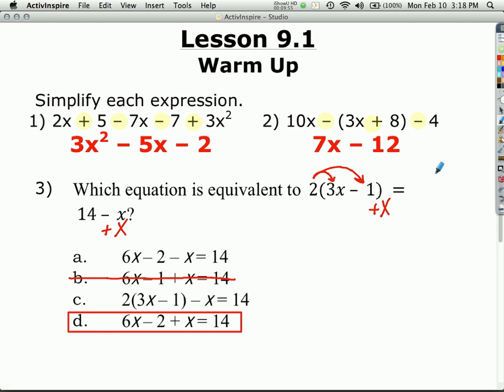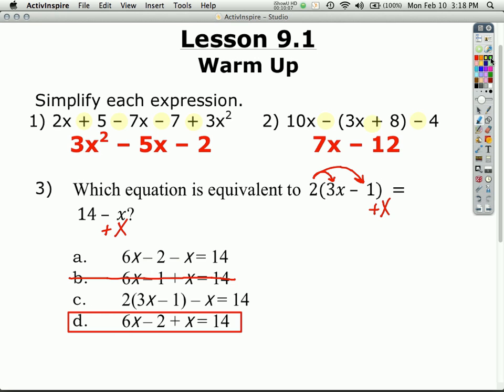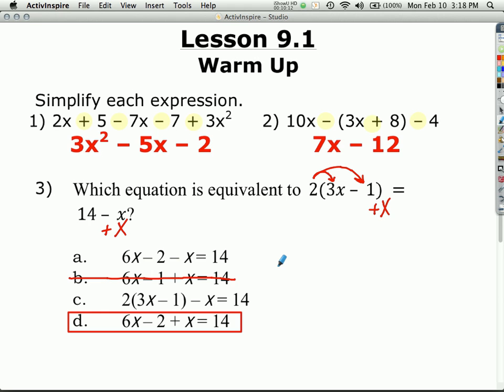So let's look at number 1. What were you supposed to do in number 1 to simplify that? Anne? Combine like terms. Give me a pair of like terms, Ann. 2x, negative 7x is negative 5x.